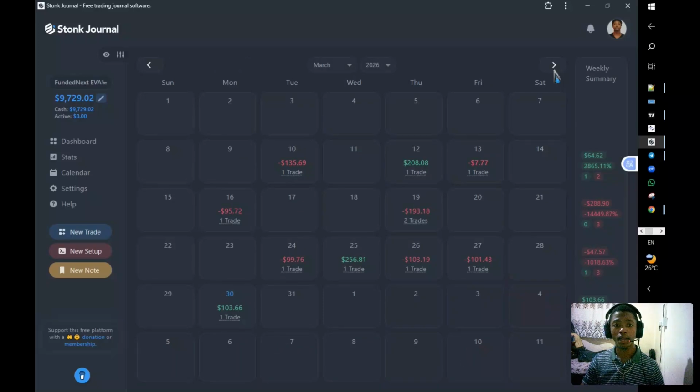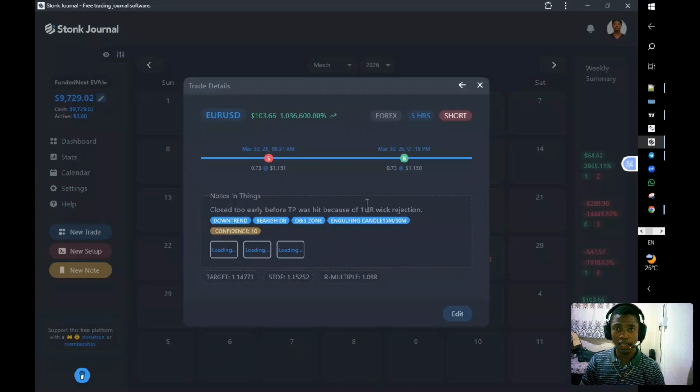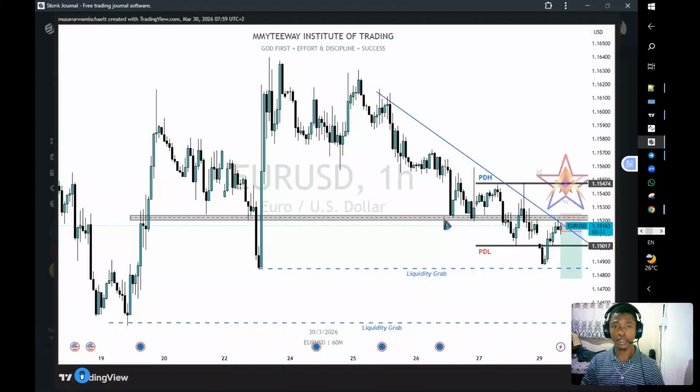But now coming back, this is the trade I was talking about, and this journal, guys, I've already shared with you. It is a very good journal. I can easily see what I was looking at when I entered. We're entering right here.